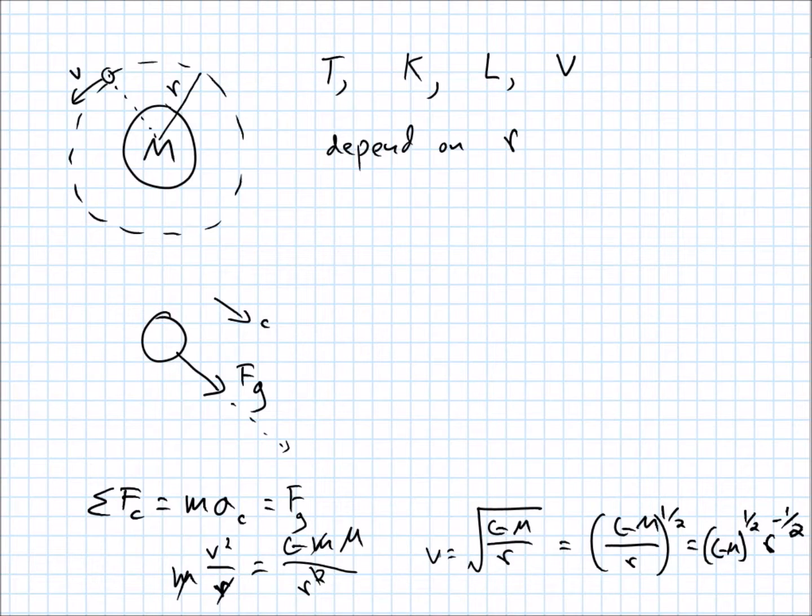So, velocity is proportional to r to the negative 1/2. So that is the answer to part of our problem. Okay, so what to do next?